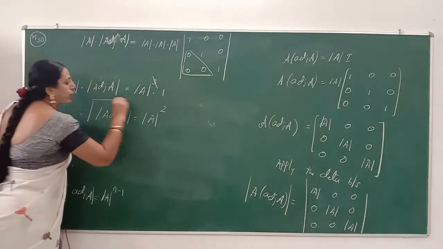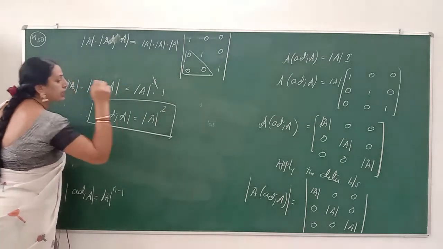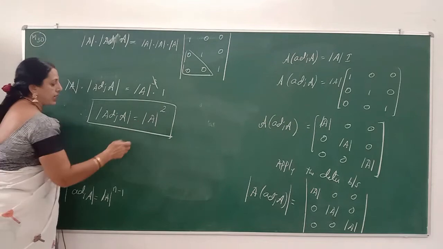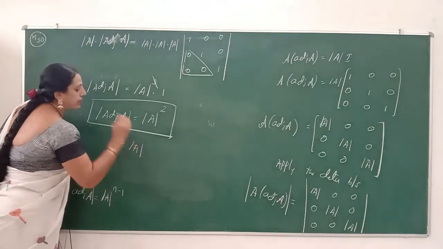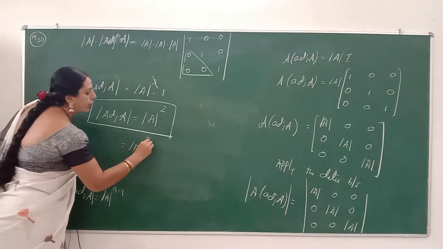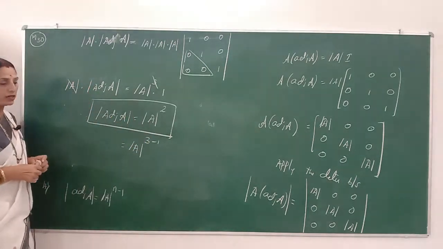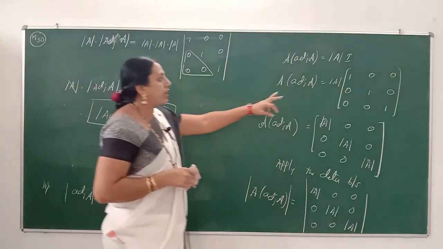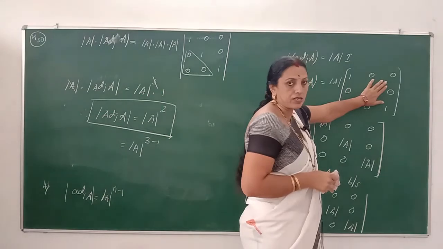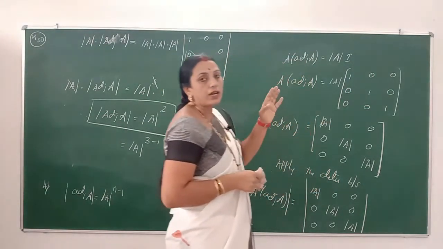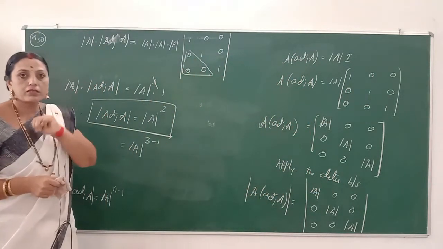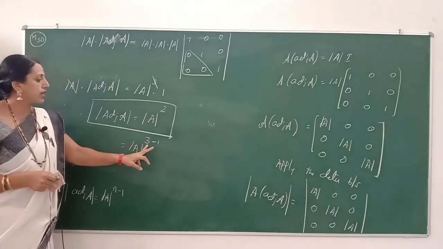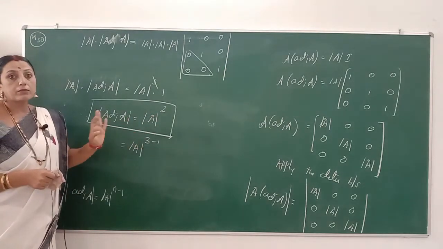It's a formula for 3 cross 3 matrices. The power 2 can also be written as 3 minus 1, because 3 is the order of the matrix. We consider the order of the identity matrix as 3 cross 3, therefore the 2 can be written as 3 minus 1.